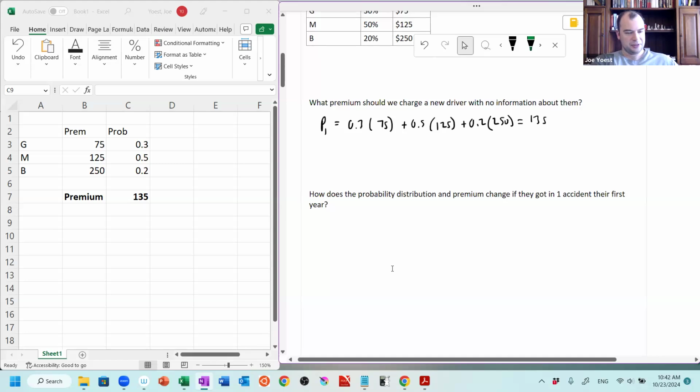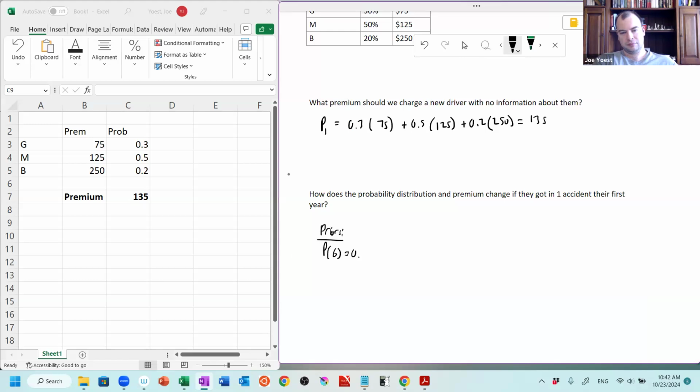So my priors: probability of good, 0.3, probability of moderate, 0.5, probability of bad, 0.2. And I want to compute posteriors.